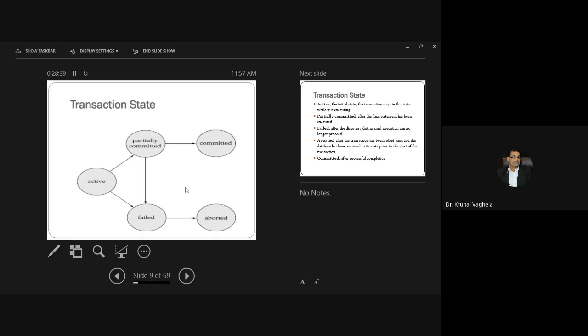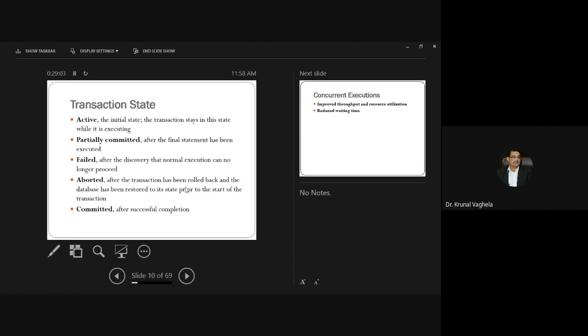From failed, it can be aborted. So a transaction can be in five states. This is a 5-state diagram. In a few books there are 3 states, few books 7 states, few books 9 states. But we don't consider all these. These are the main 5 states. Let's see one by one.